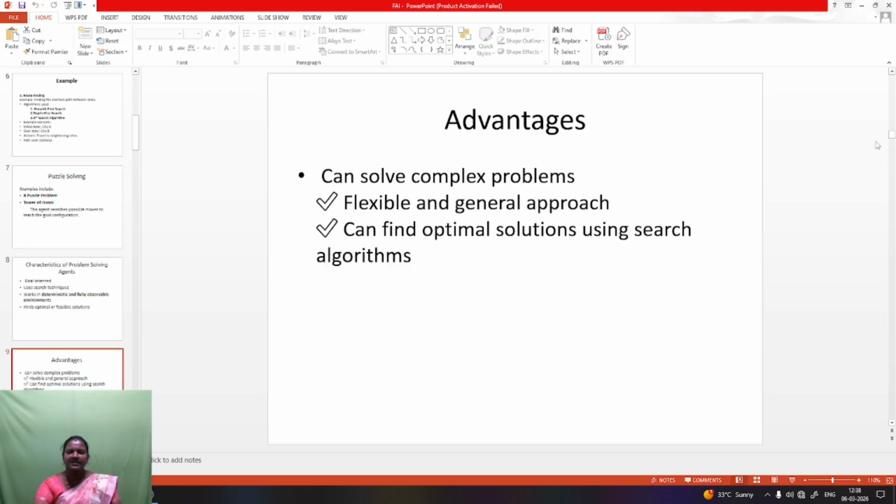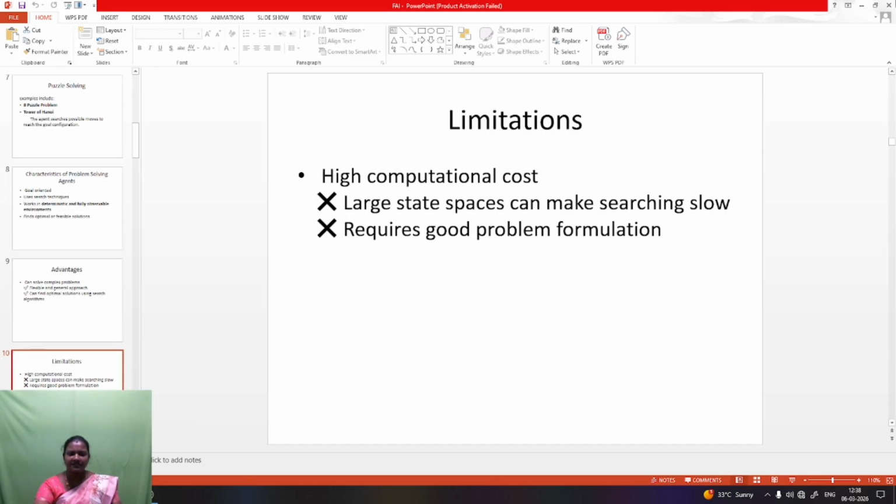Next, advantages of problem solving agents. It can solve complex problems. It can solve problems with a flexible and general approach. It can find optimal solutions using searching algorithms. Then limitations. High computational cost. Large state spaces can make searching slow.